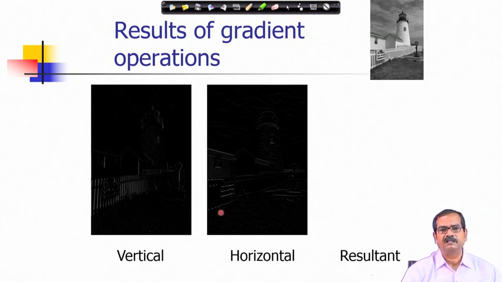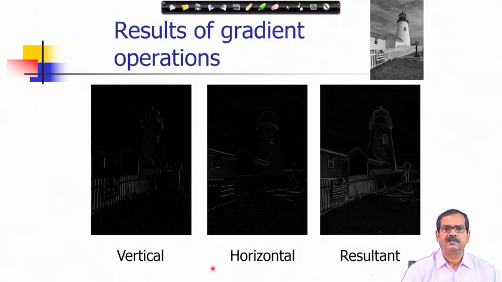But if I consider the resultant of these two vectors by taking the magnitude of the vector itself, we will get all the edge pixels in every direction, and the corresponding edge points or boundary points of different object surfaces become prominent in this particular image.